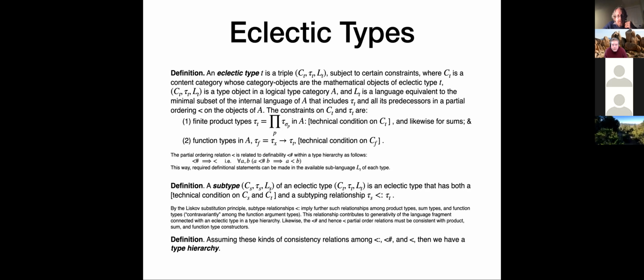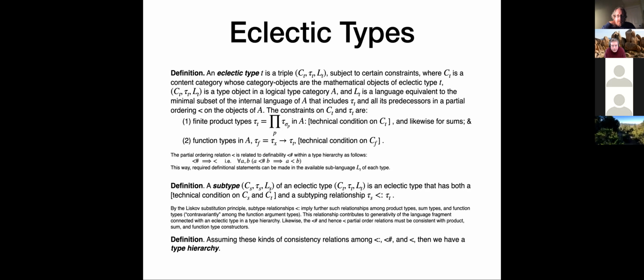We have a type symbol tau for that type, which is an element of another category, the type theory category, and that's the standard part. In the Curry-Howard-Lambek correspondence, one builds a category of types, which are objects, and the maps between them give you more terms that build more types, and so on. And finally, a sublanguage, which is the part that a practitioner modeler would be interested in.